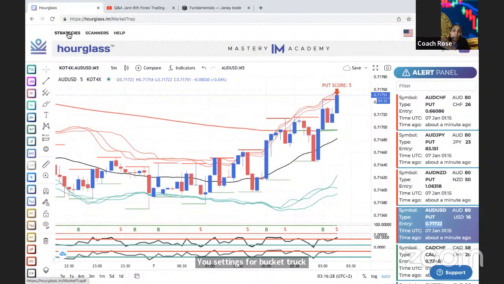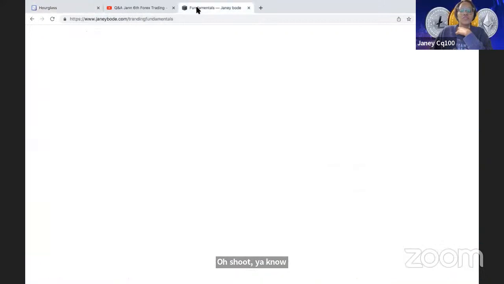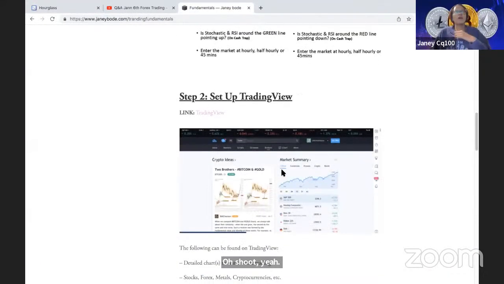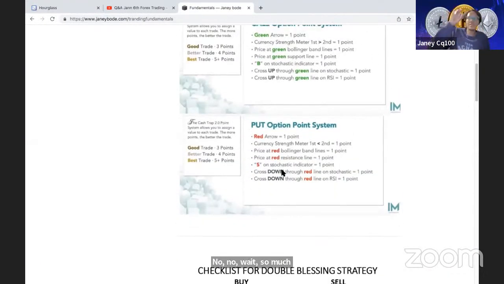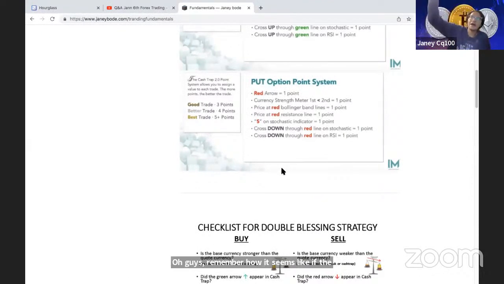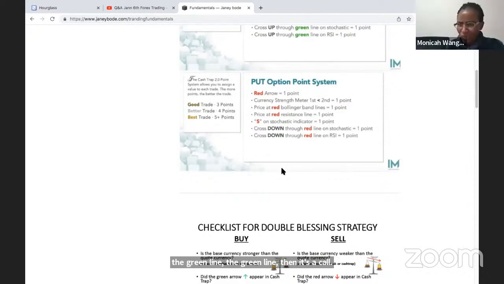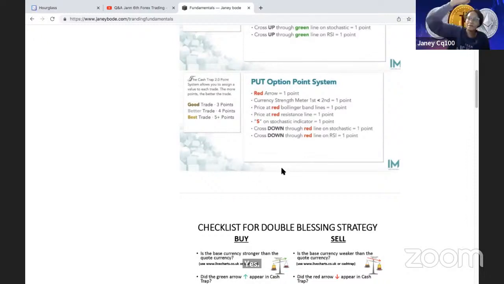Oh, shoot. Yeah. Wait. So hourglass, remember how it says if the line is above the gray line, then it's a call? Right, Monica? Say it again.